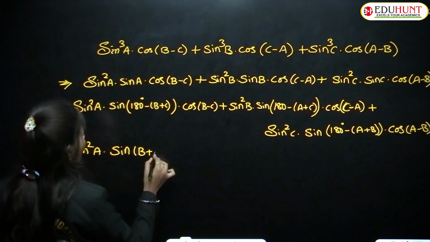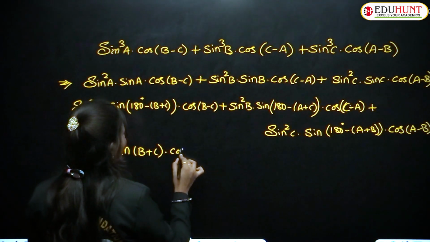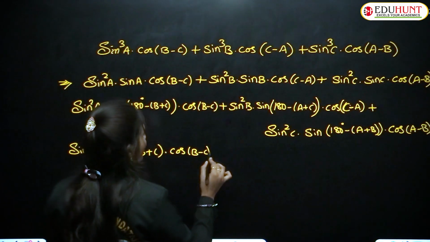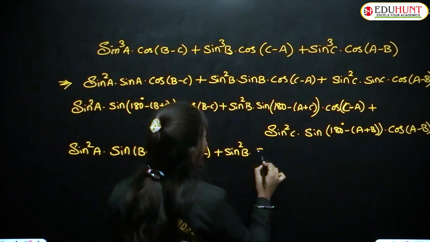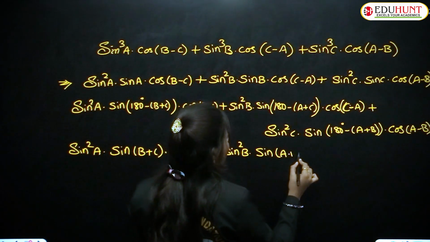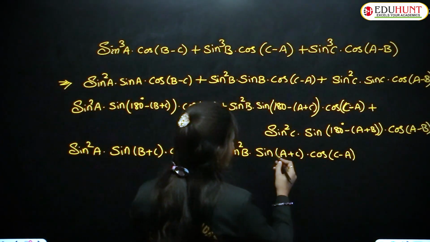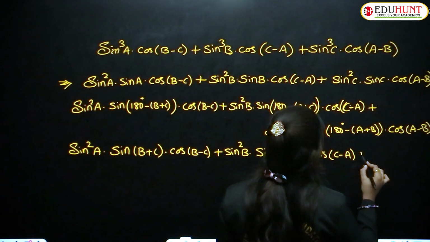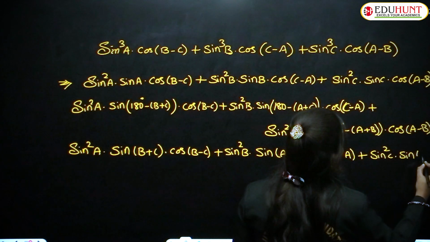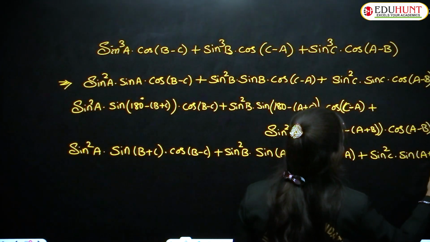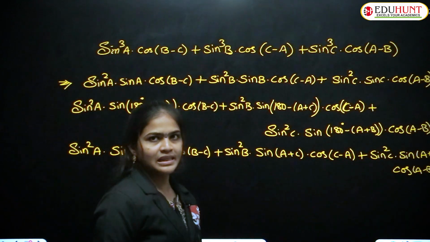So sin of B plus C into cos of B minus C. And in the same way, similarly the remaining terms also: sin square B into sin of A plus C into cos of C minus A, plus sin square C into sin of A plus B into cos of A minus B. Am I clear to you?